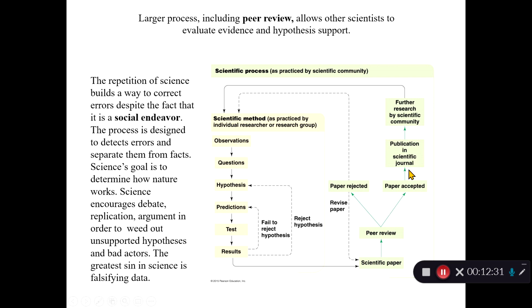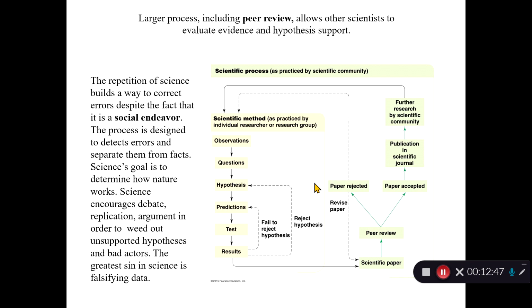And then once, say, it does get accepted, then you have publication, and then you have other people out in the scientific community who can review it and give further feedback. So there's this looping of the process, right?